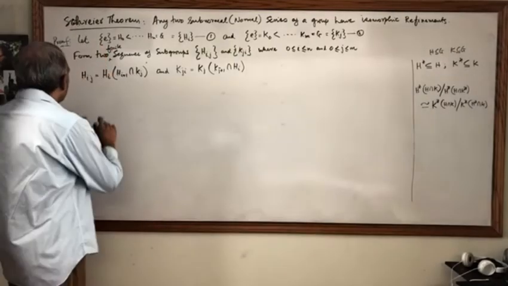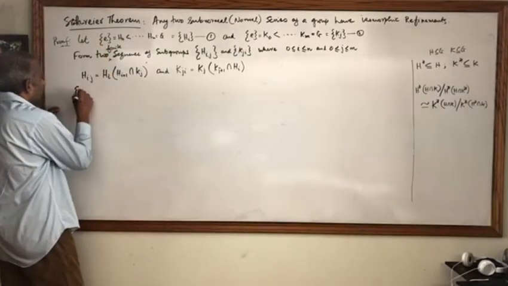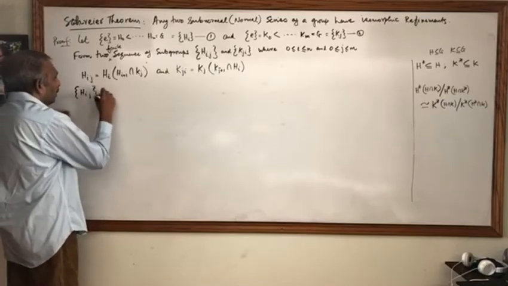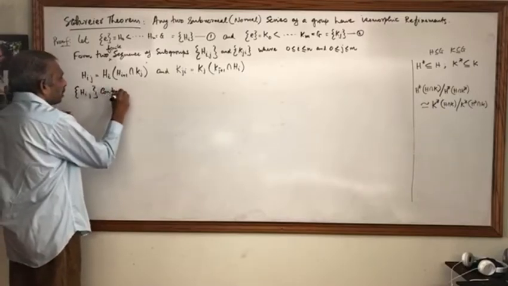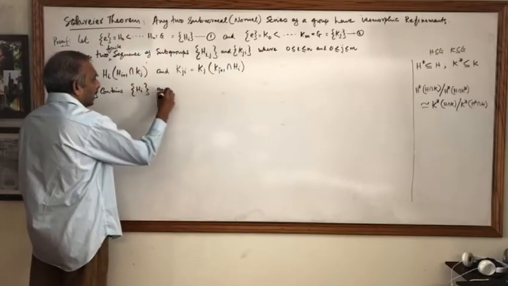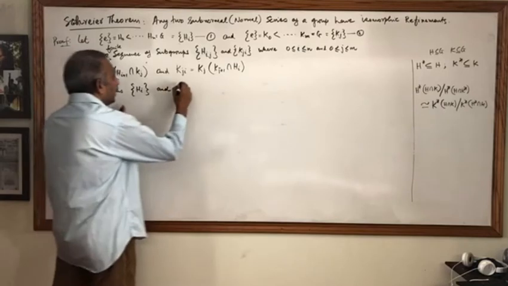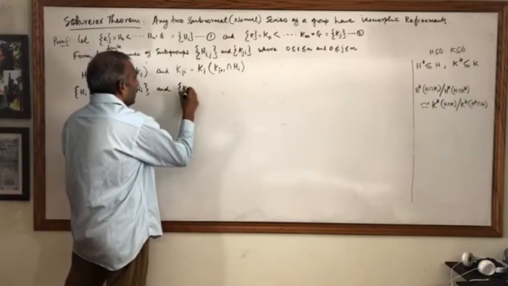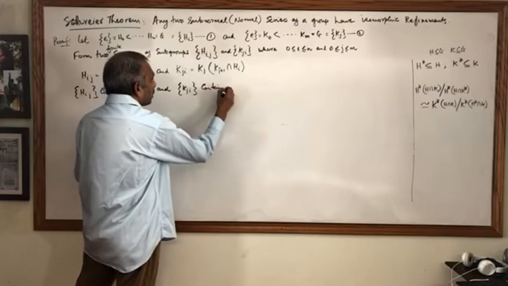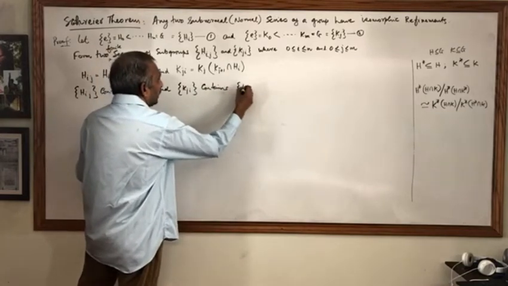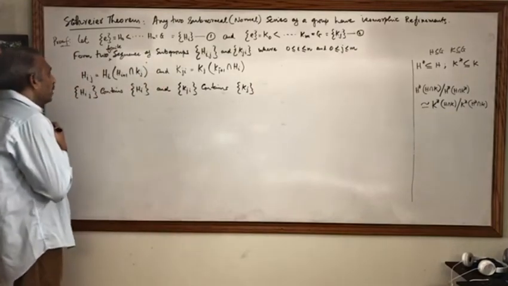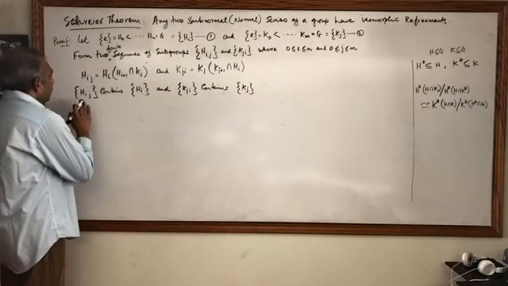So I'll write here: Hij contains Hi and Kji contains Kj.